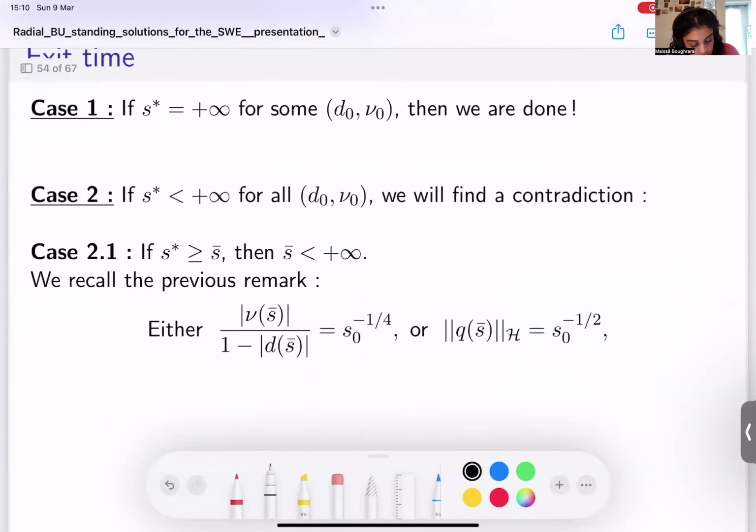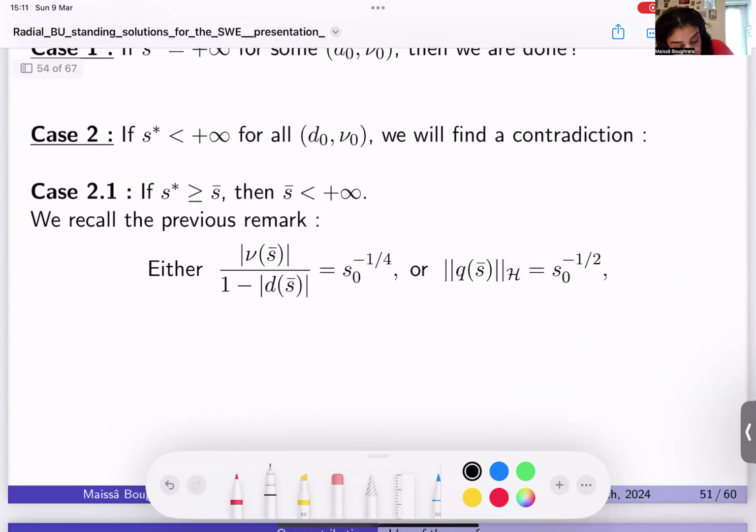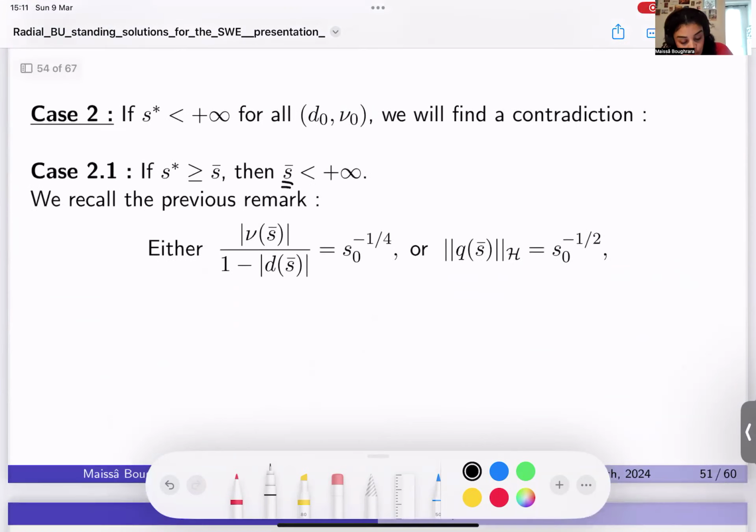So either S star is going to be greater than S bar. I recall that S bar is the maximal value that comes from the modulation result, okay? So either S star is going to be greater than the maximal time of the modulation or less. So in the first case, if it's bigger than S bar, then it means that S bar is finite. So from the remark I said earlier, either this one is going to be an equality or this one is going to be an equality.